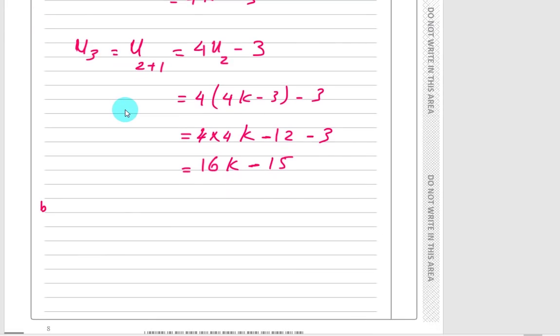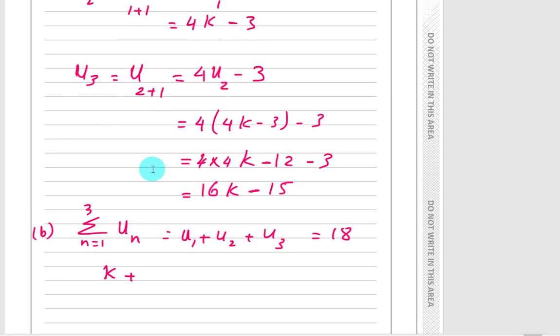So to solve this part, summation from n equal to 1 to 3, un is equal to u1 plus u2 plus u3, and all of them is equal to 18. u1 is k, u2 is 4k minus 3, plus u3, 16k minus 15, will equal to 18.